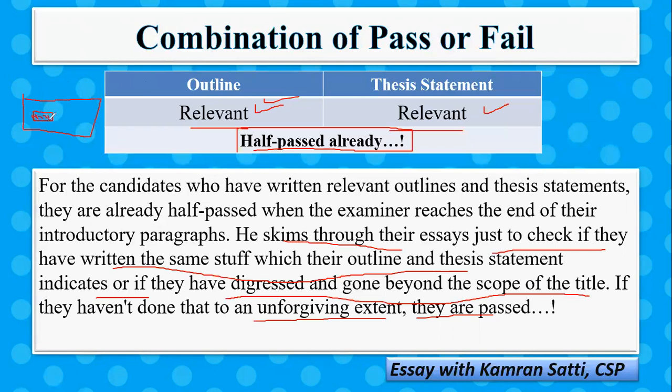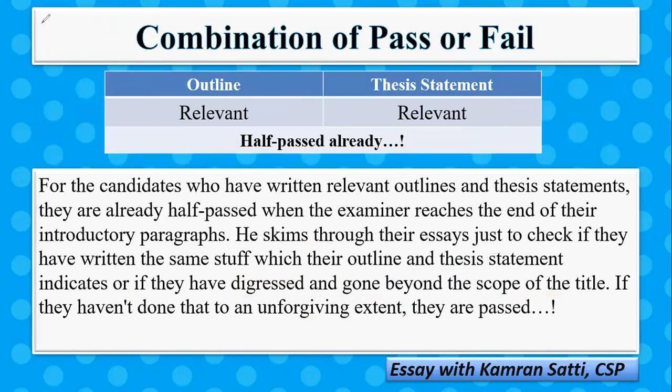Now all the examiner wants to check is that you have written your whole essay in this category. Don't just write irrelevant things here and there, just write the relevant things which you have talked about in the outline, and you will easily make it. So this once again highlights the importance of writing a good outline and a clear thesis statement. It makes writing the whole essay so much easier.